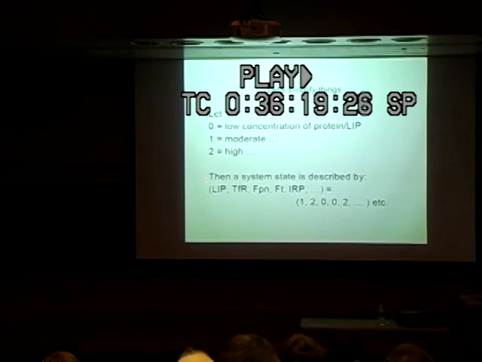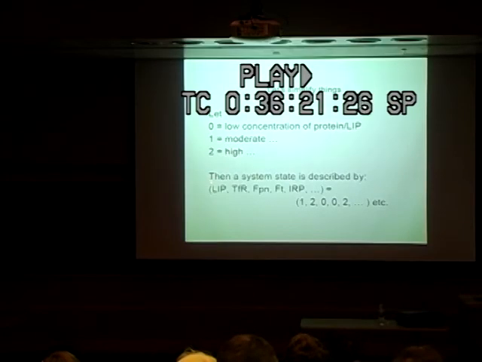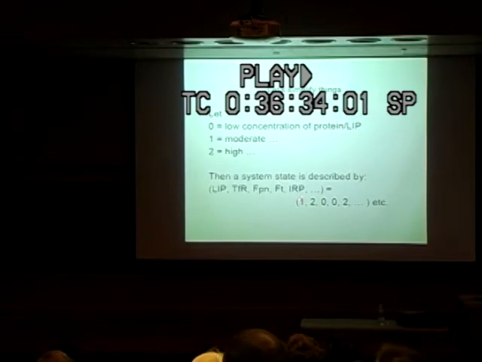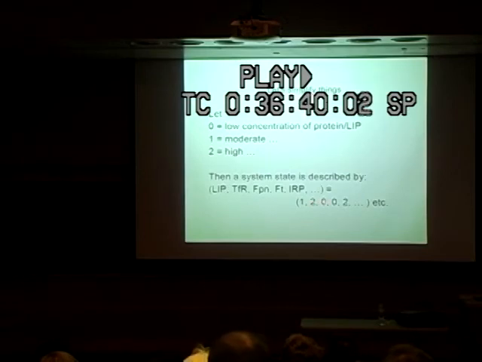So in this case, if I look at a state of the system, I list all the proteins and all the molecules in the system, and I can describe them, right? So labile iron pool is moderate. Transferrin receptor is expressed highly. Ferroportin and ferritin are very low, and so on.